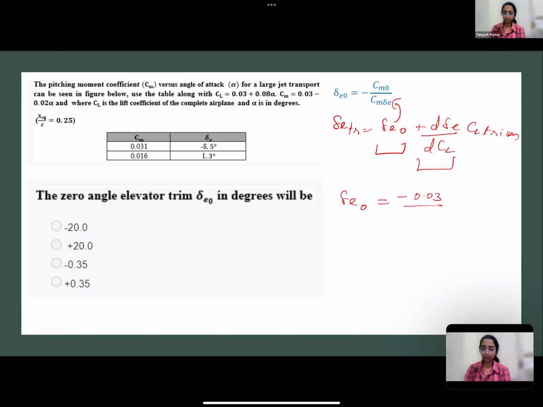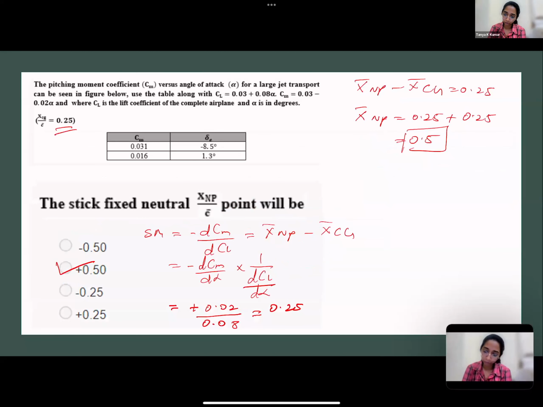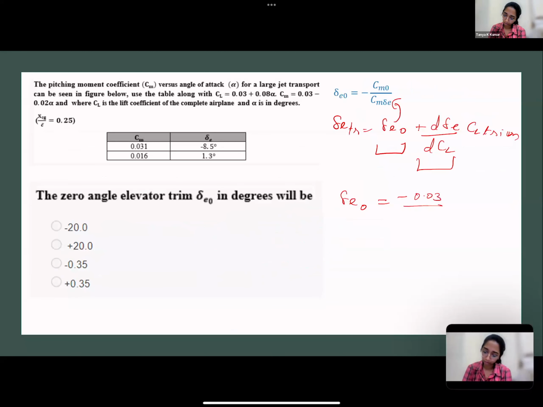We calculated it, minus 0.0015. How much is this value? 20 degrees. Plus 20. That means the elevator is deflected up or down. Plus 20.